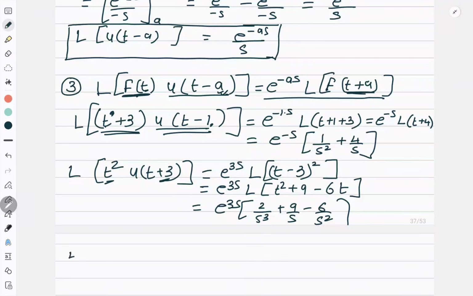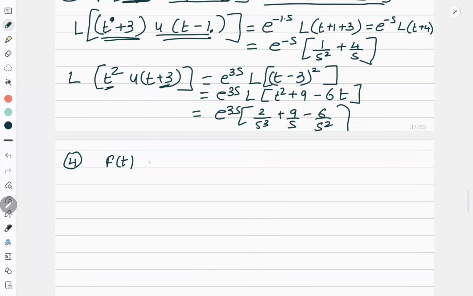Now let us come to the fourth concept. Fourth concept is how to convert a discontinuous function to a unit step function. Once it is converted to unit step function, I know now how to find Laplace. Now suppose a question is given like this. This is very, very important. Please understand. f1, f2, f3. t is from 0 to a. t is from a to b.